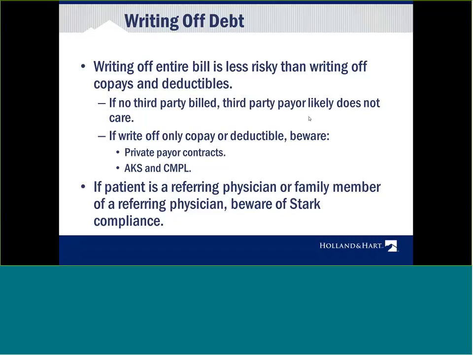But if you are still trying to bill the third party, whether that's a private payer or a federal health care program, but you're not collecting the amount of a copay or deductible or piece that should be coming from the patient, that's where you have a heightened level, I would say, of potential concern in Anti-Kickback Statute, civil monetary penalties law, and those provisions that may be within your private pay insurance contracts.